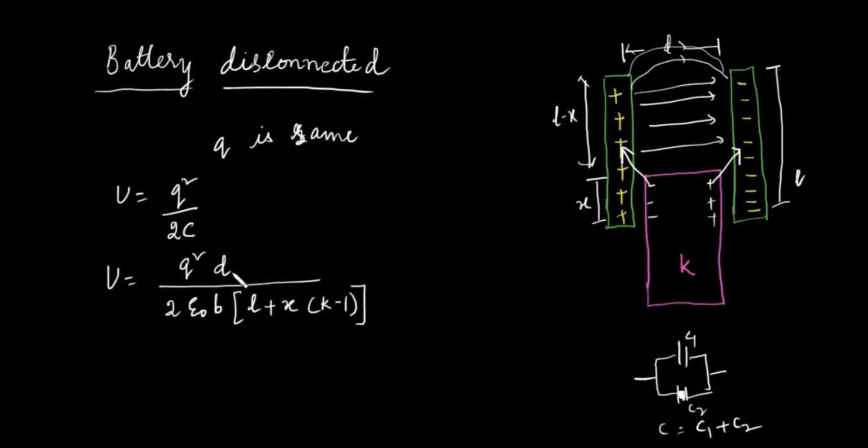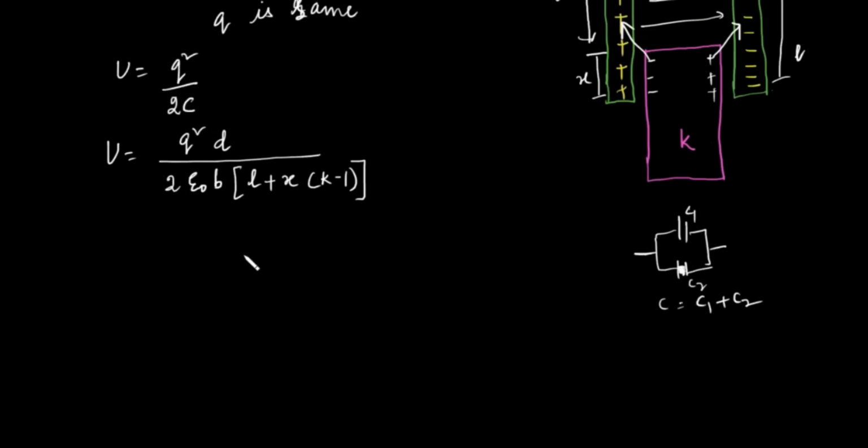Now, to calculate F is equal to minus dU by dx, we have to differentiate with respect to x.